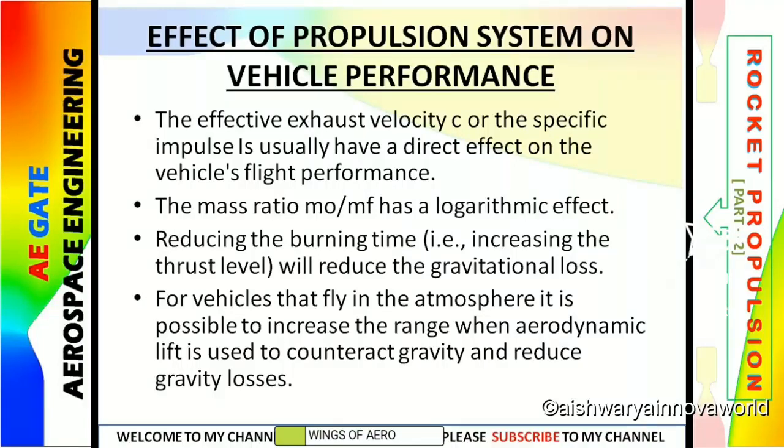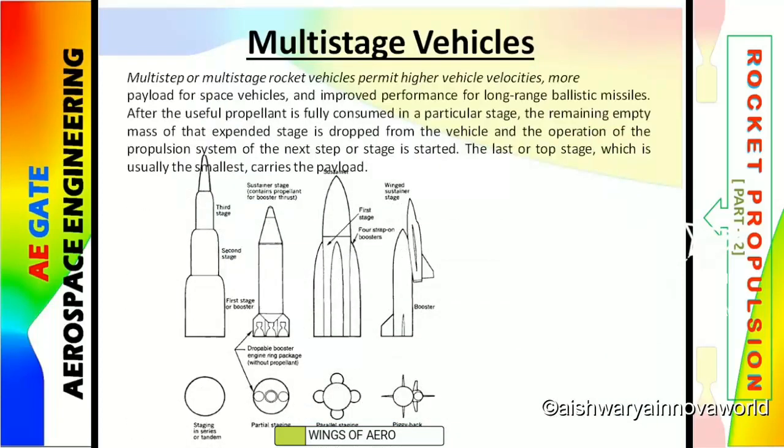Now comes multistaging. First let me tell you what is meant by a multistaging vehicle. A multistage vehicle permits a higher vehicle velocity and more payload, so it enhances the long range of a missile or the long range of a ballistic performance.